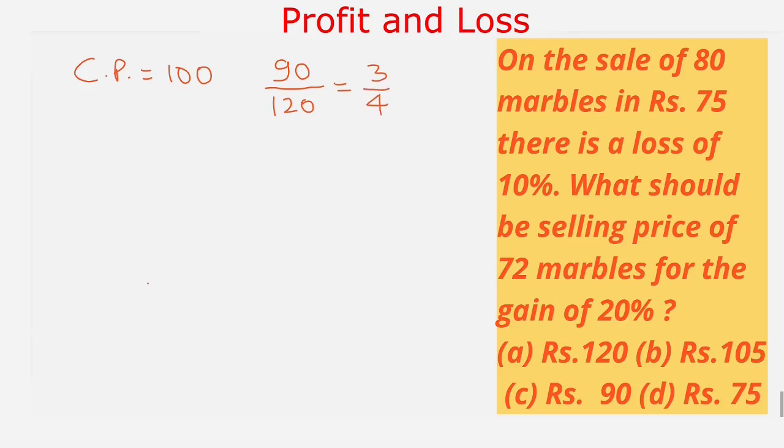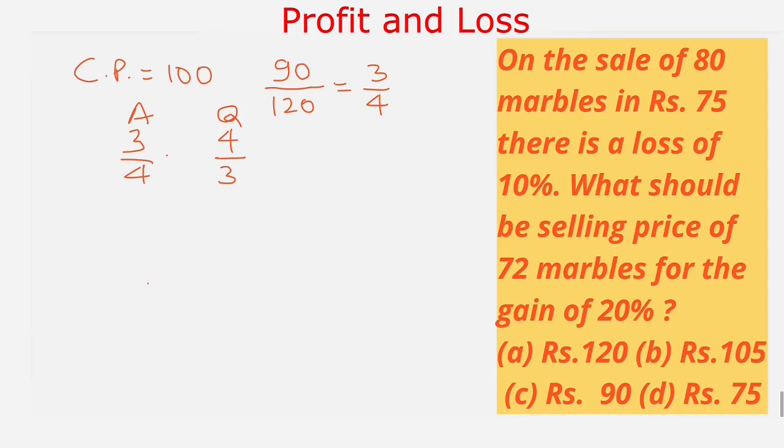Now, if the amount is in the ratio 3:4, then the quantity is the reciprocal of it, which is 4:3. If we have to convert the loss into profit, then an article earlier sold in rupees 90 is to be sold in 120.